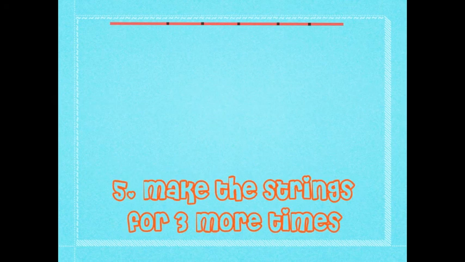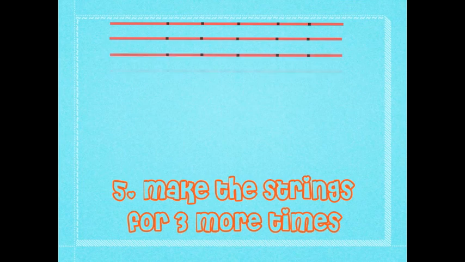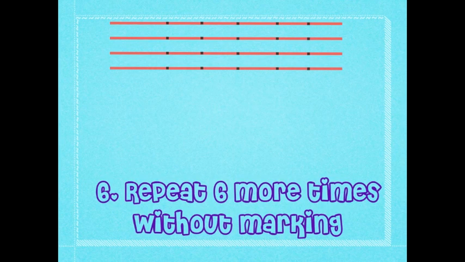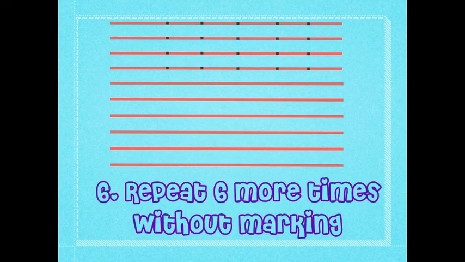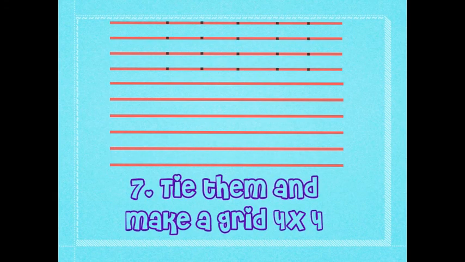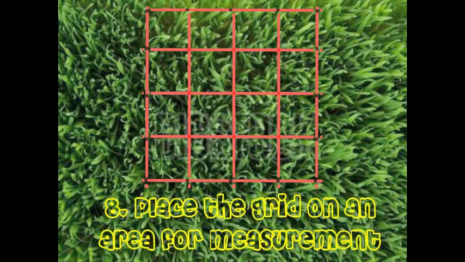Now, make these marked strings 3 more times. Then, make 6 more unmarked strings of similar size. Then, tie them and make a 4 by 4 grid. Finally, go to the area in which you'll measure the populations of species and place the grid.